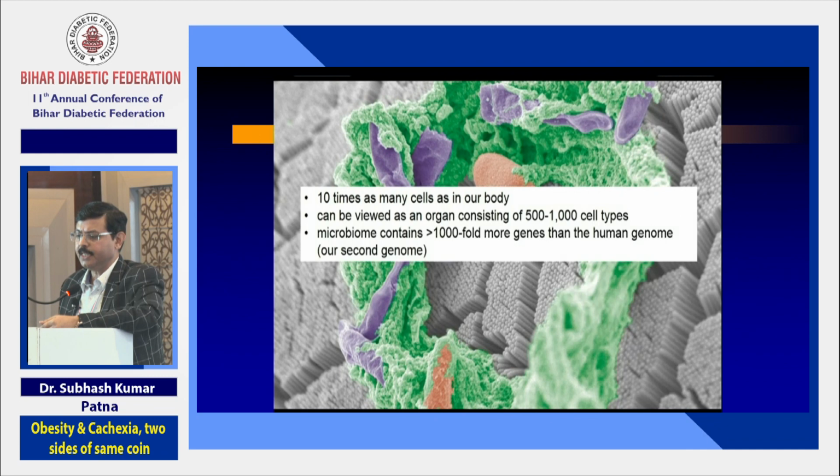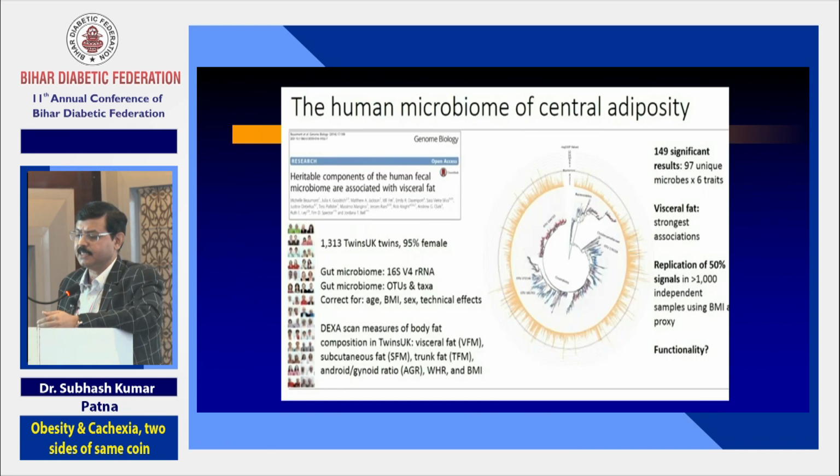And we know that we have 10 times more bacteria than cells. So, we actually are more bacteria than human, because we carry so many of them and they regulate us. Actually, that is a bigger hormonal regulation center than whatever we have learned so far in terms of hormones which we secrete from different organs. But these bacteria have a strong influence.